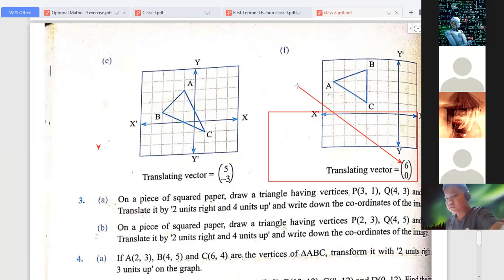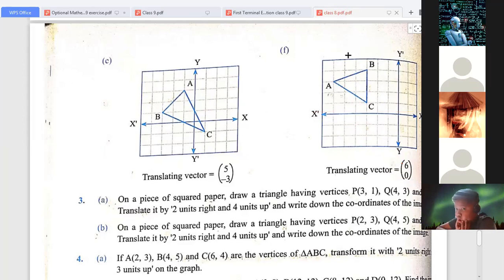Very good, very good. Nothing. Okay, 6 units right, and then we have to stop. 0 means we have to stop, no movement, no change. Okay, 0 means just stopping. After going 6 units right, we do not go up or down; 0 means just stopping at that position. Okay, Mr. Reason is also understanding.